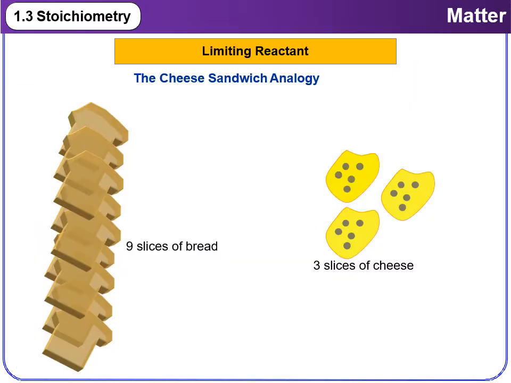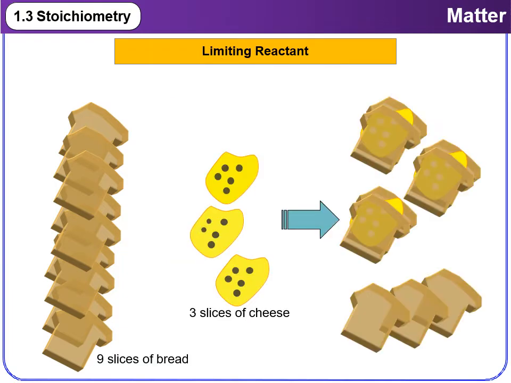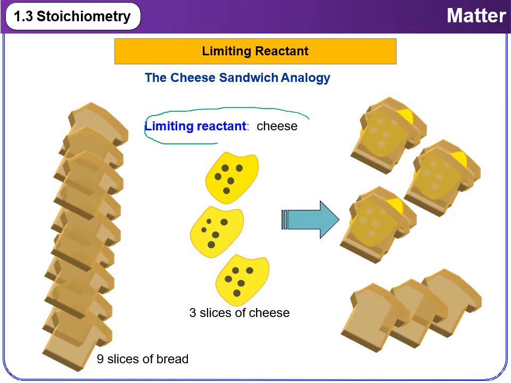Let's check out another daily life example. Now you are going to make cheese sandwiches and you have 9 slices of bread and 3 slices of cheese. Yes, in this case, cheese is the limiting reactant and 3 sandwiches are made.